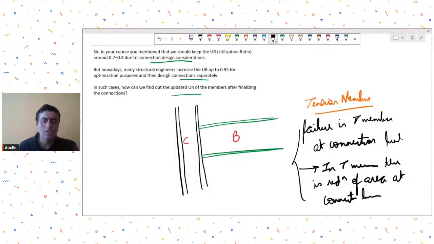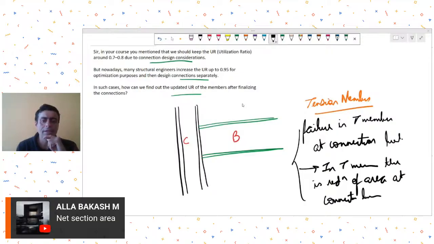Due to this reduction of the cross sectional area at the connection level, it may happen that there is a failure either in rupture or in block shear. You may face failures.